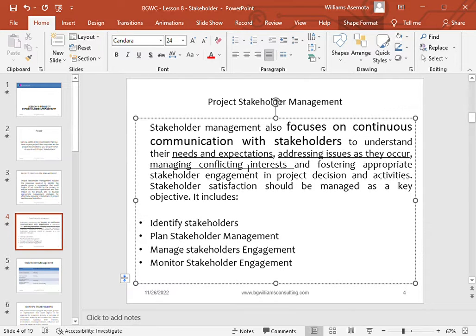All right. Now, let me quickly talk about managing conflict of interest. For instance, just this week that ended, we were trying to deploy an application and a device. Company A has the device. Company B has the application.